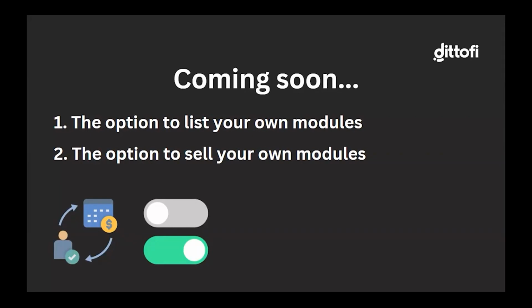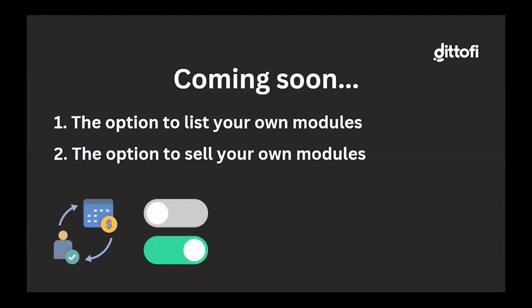This can be useful if you're developing the same set of functionality multiple times for different applications. You can save that configuration down, put it into your own private modules section of the modules marketplace, and then you're able to install those modules in future application builds. So in addition to the ones we have there, you can also add your own.